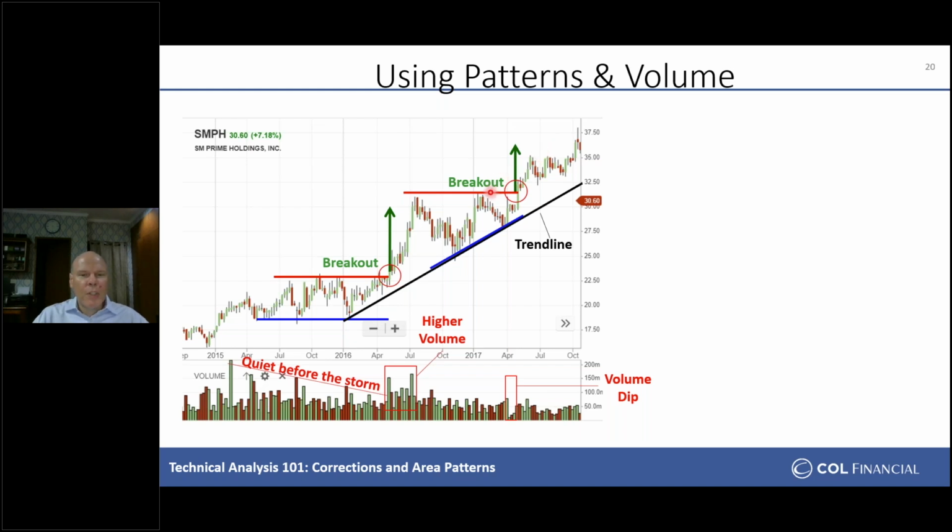Let's go back into that previous pattern. Again, let's look at volume. As this is going sideways, look at your volume. It's actually heading downwards. And right before the breakout condition, look what happened to volume here. In this small 3-day pattern that you see right here, volume levels went down incredibly low.